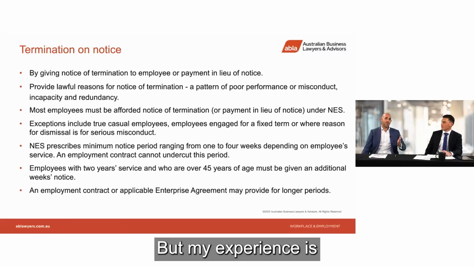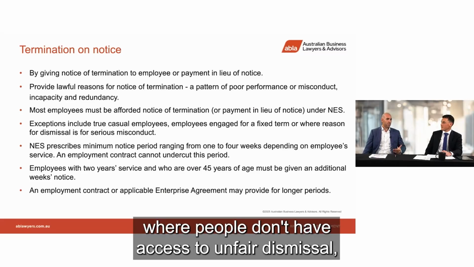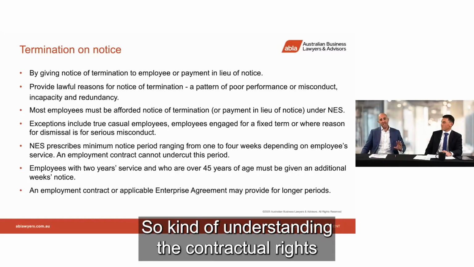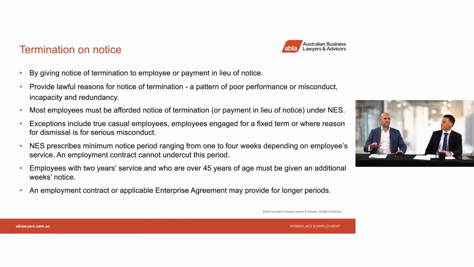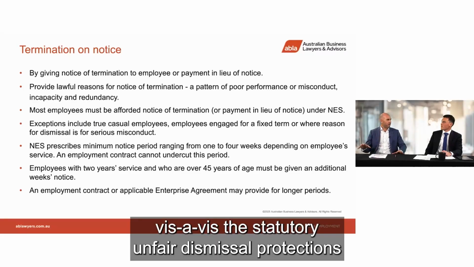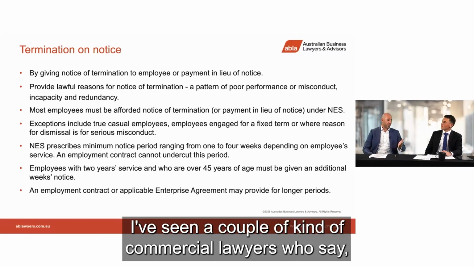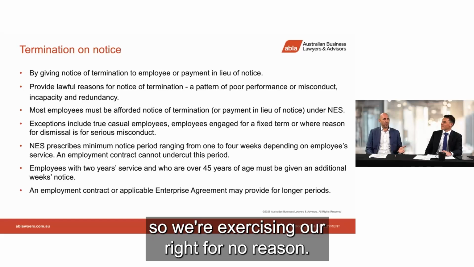But my experience is where people don't have access to unfair dismissal, they will often try and utilise a general protections claim. So understanding the contractual rights vis-a-vis the statutory unfair dismissal protections is really fundamental, because I've seen a couple of commercial lawyers who say, well, the contract says that, so we're exercising our right for no reason.